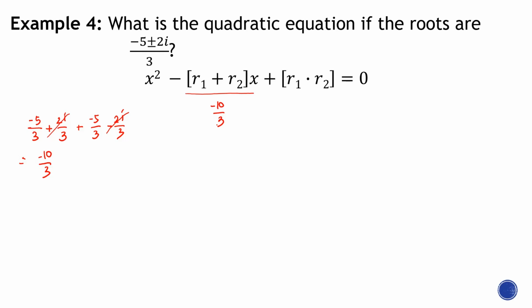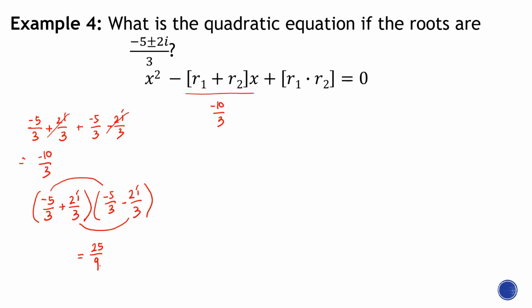Now let's do the product. Negative 5 over 3 plus 2i over 3 times negative 5 over 3 minus 2i over 3. So here, like what I mentioned earlier, we will just multiply the first terms and the last terms. And this is equal to 25 over 9. We're doing the multiplication.